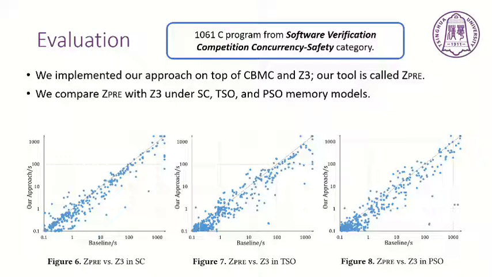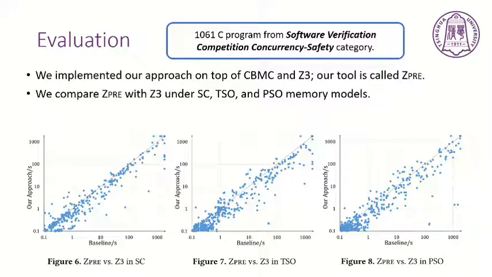So we compare ZPRE with Z3 under different memory models: the sequential consistency memory model and two weak memory models. The benchmark has 1061 C programs written using the pthread library.